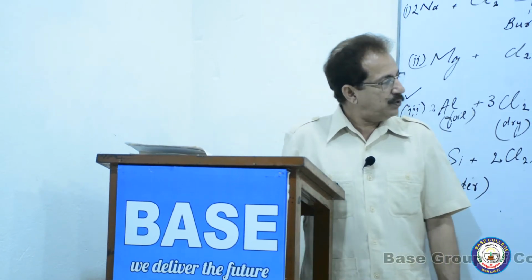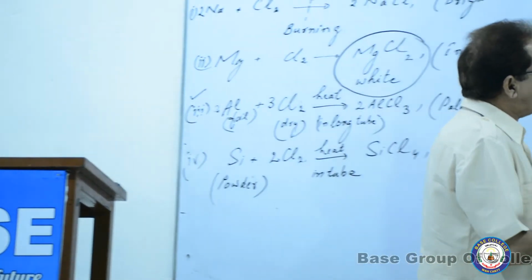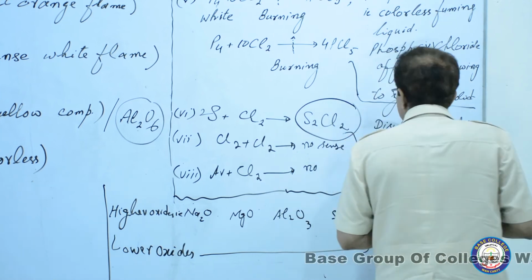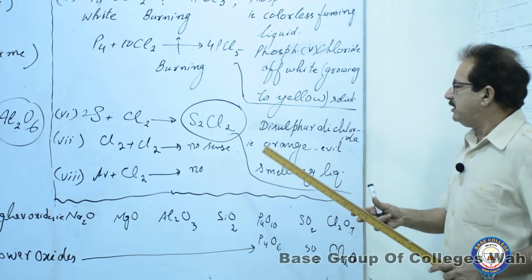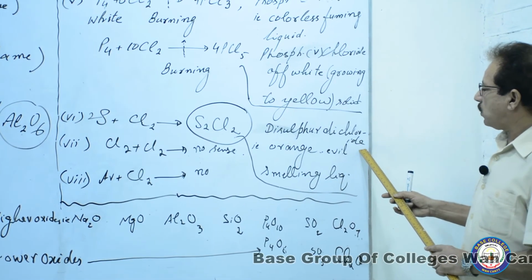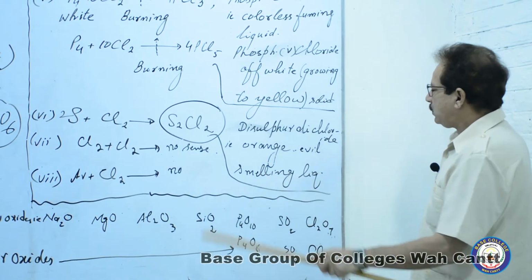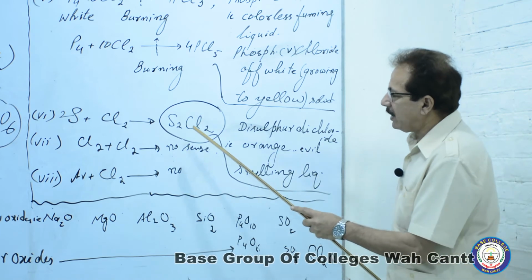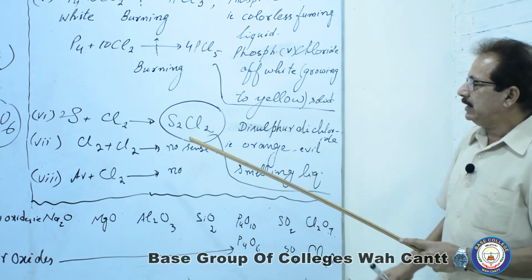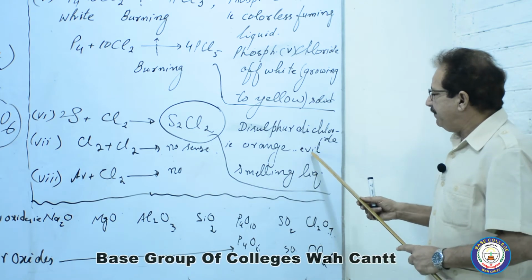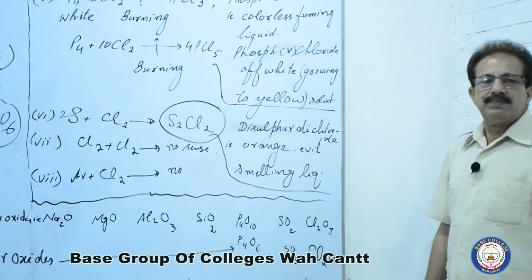Now the next one, S2Cl2. Here I have already mentioned disulfur dichloride, that it is orange in color, and this one is not a solid. It is an evil smelling liquid.